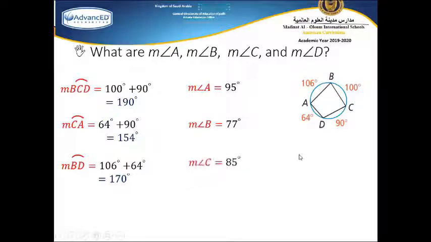This equals 85. And also we can find the measure of angle D by looking at the intercepted arc ABC, which equals the sum of 106 plus 100, which equals 206. Then the measure of this inscribed angle D equals half of 206, which equals 103.